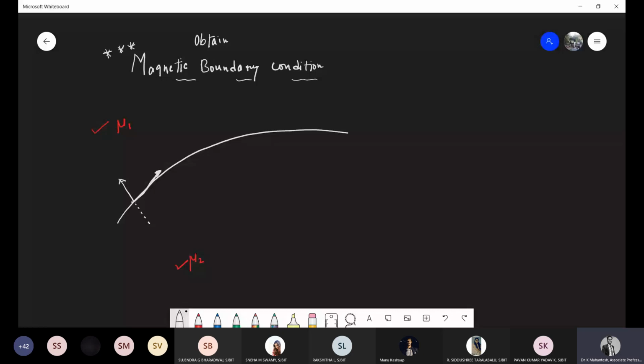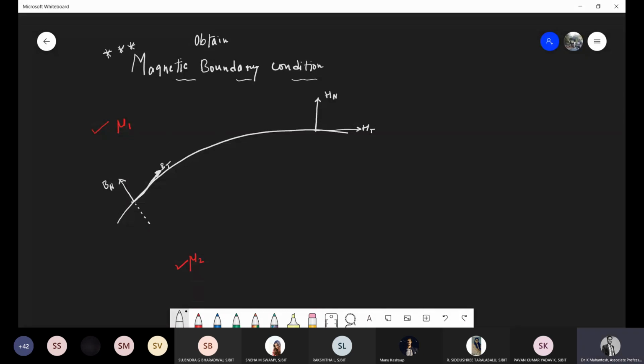So I call this the normal component, and on the boundary I call it the tangential component, Bn and Bt. Similarly, I'm writing the extended version here in terms of H: Ht, the tangential component, and Hn, the normal component.